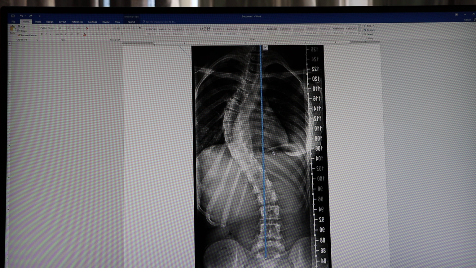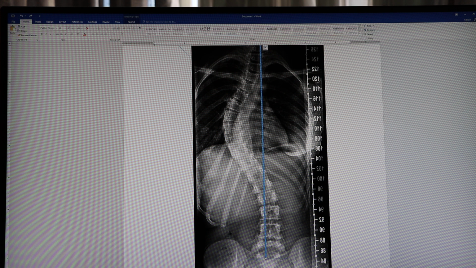For the lordosis, L1 to L5. And after these measurements, we add all this information together in our description of the case, and then we will start to identify the biomechanical concepts that we will use for the correction of this curve.